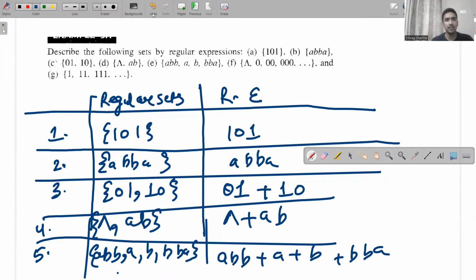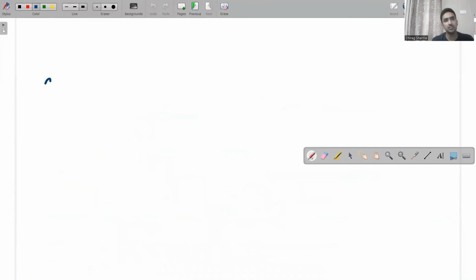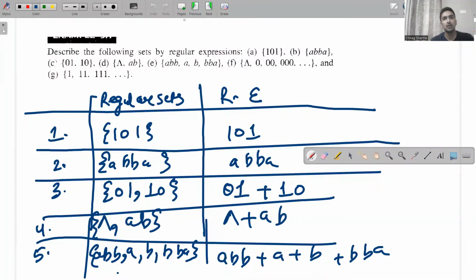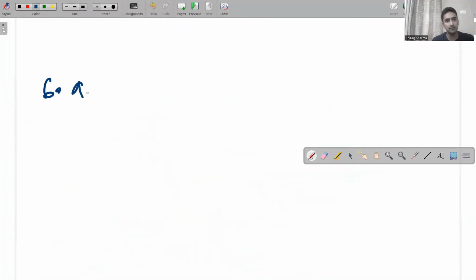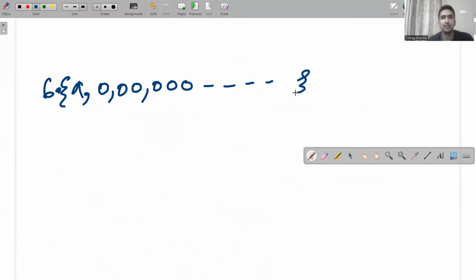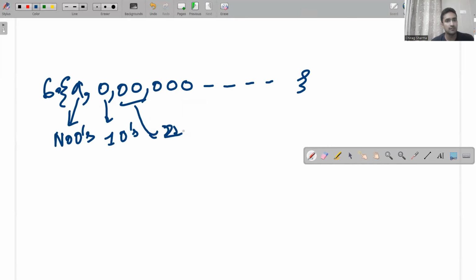Now I will take the last two questions. We have null, 0, double 0, triple 0. So all zeros are being asked. Just see: no zeros, single 0, two zeros, similarly 3 zeros.